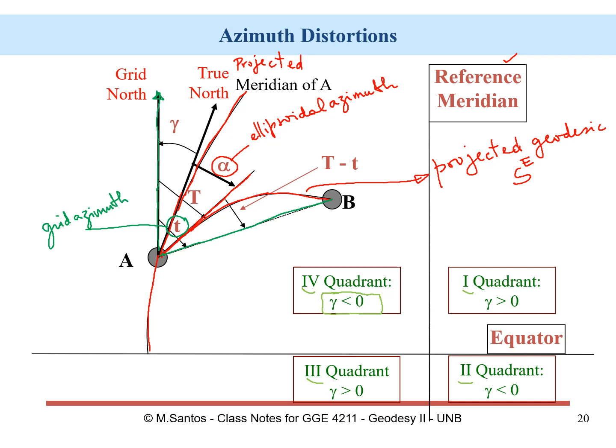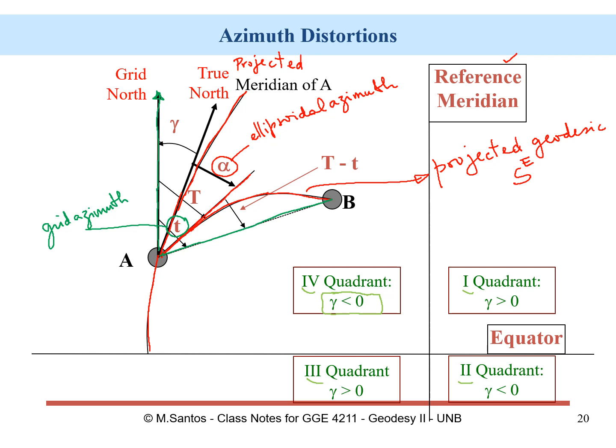Okay, we want this angle t here. We don't want the angle we have, the azimuth with respect to the so-called true north.